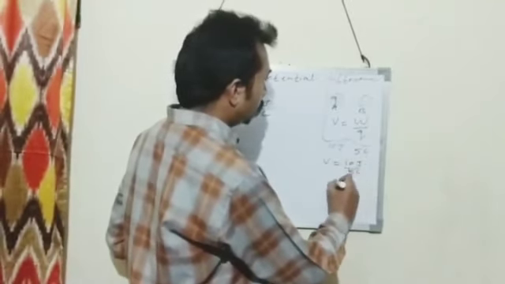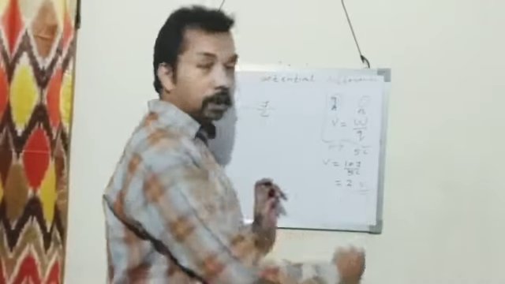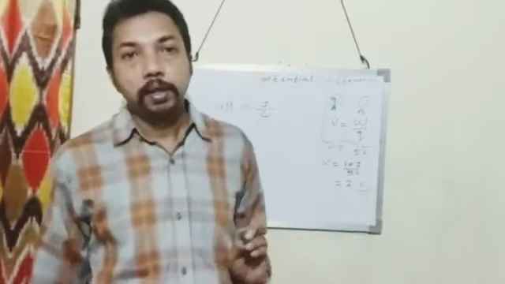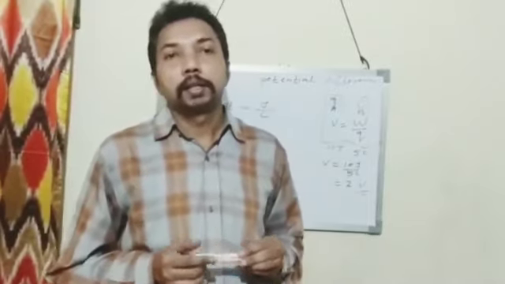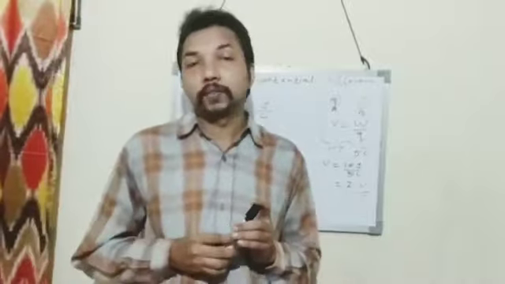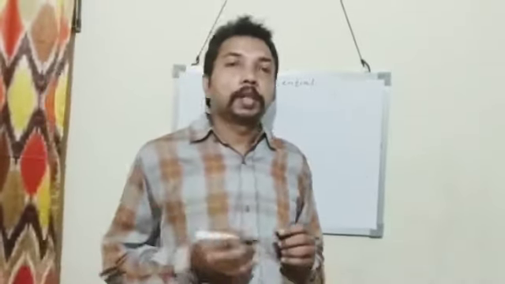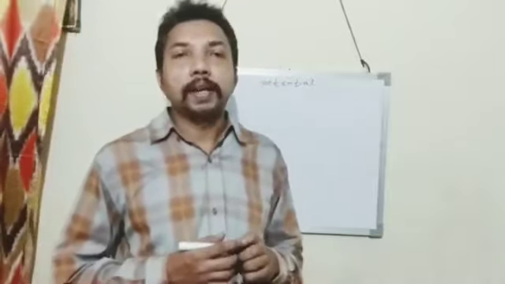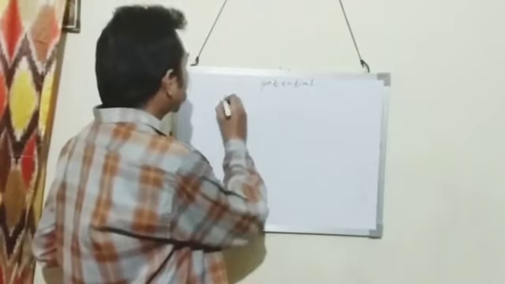Joule upon coulomb is a volt. 10 upon 5 is 2. The answer is 2 volt. So this is about potential and how to measure the potential difference. The potential difference is also a scalar quantity. Next topic is resistance.